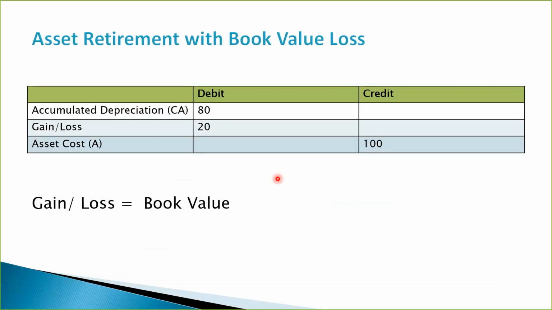You paid 100 for this vehicle, let's assume, but you only got to use $80 of it, right? So there's a $20 somewhere which you didn't get to use because you didn't use it up to the end of its useful life. So that's a book value loss.